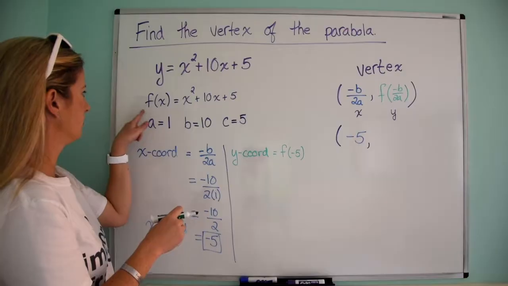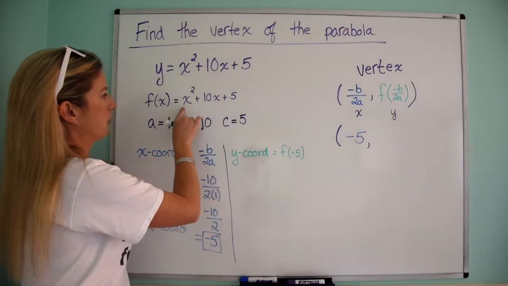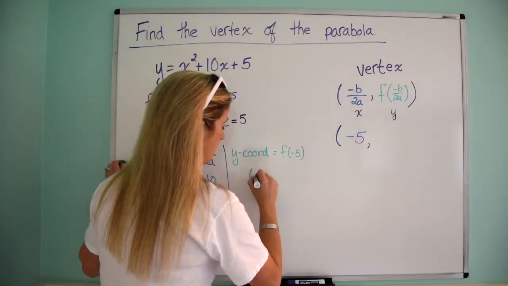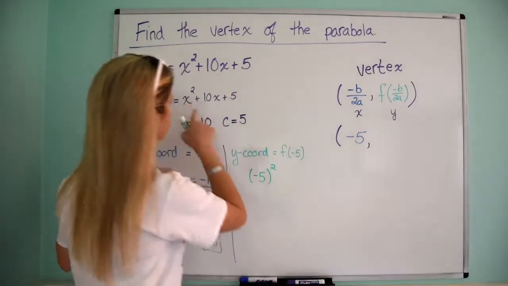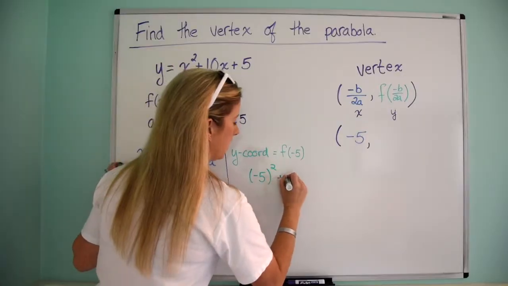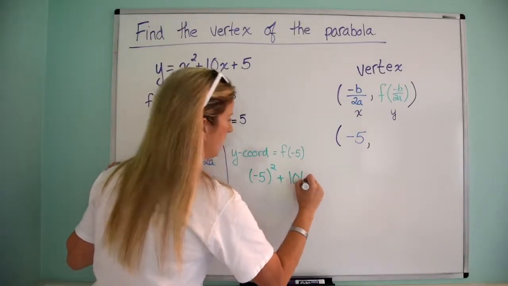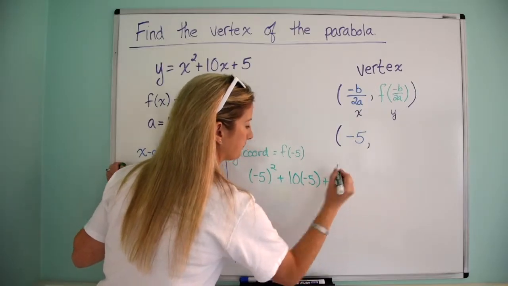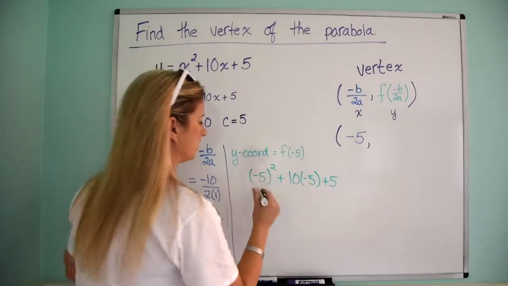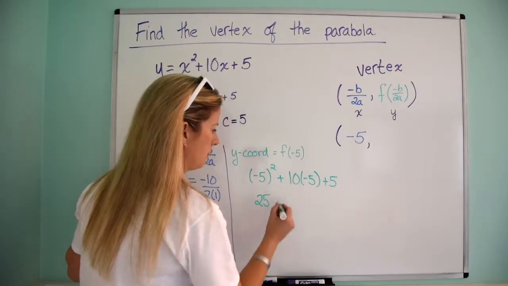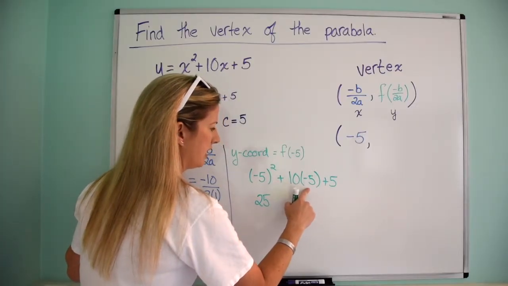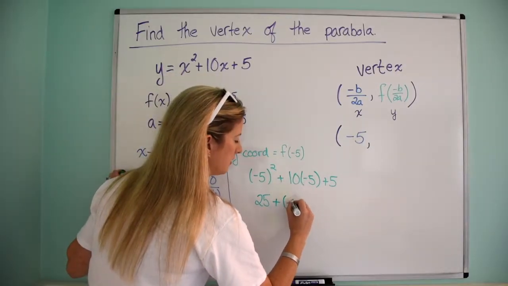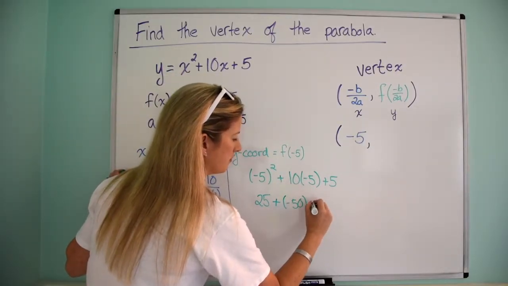So this is f of negative 5. That means wherever I see an x, I'm putting in a negative 5. So negative 5 squared, because I've got x squared, plus 10 times negative 5, plus 5. Negative 5 squared is going to be positive 25. Then 10 times negative 5 is negative 50, and then plus 5.